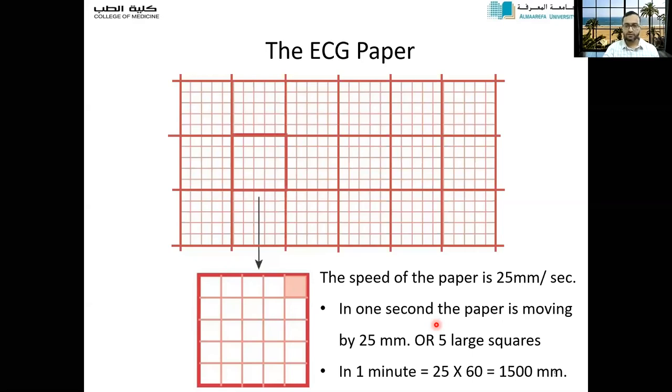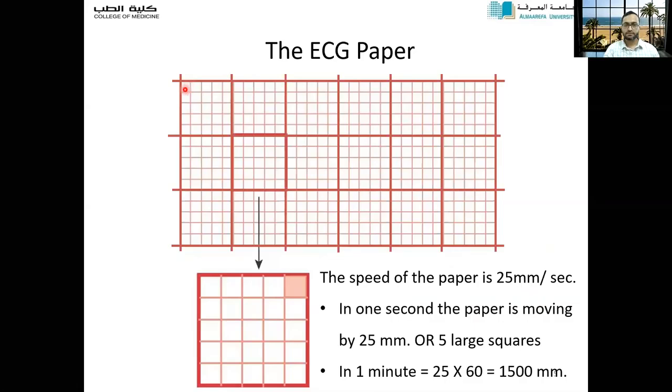I'll not go into much detail, but I will tell you some basics. The ECG paper which comes out of the machine comes out at a speed of 25 millimeters per second. Just now I said that one small square is 1 millimeter.